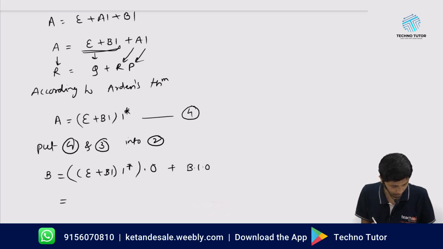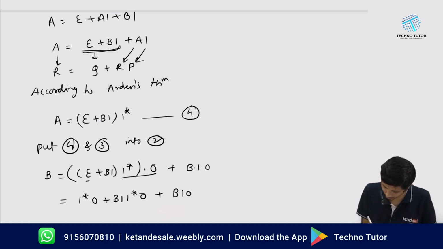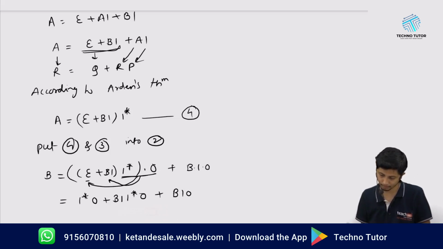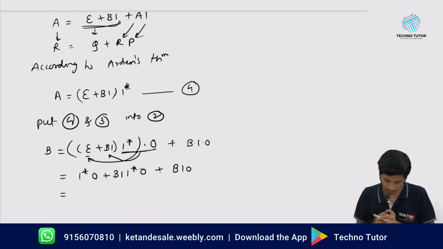So if I want to represent it like B1, so 1 star 0 can be taken out, plus this B dot 1 star 0 can be the value, and this can be B10. Okay, ये जो टर्म है इसके साथ हमने ये किया है, ये जो टर्म है इसके साथ हमने मल्टीप्लाई किया है, ब्रैकेट सिंप्लीफिकेशन. Okay, then B10 can be there.